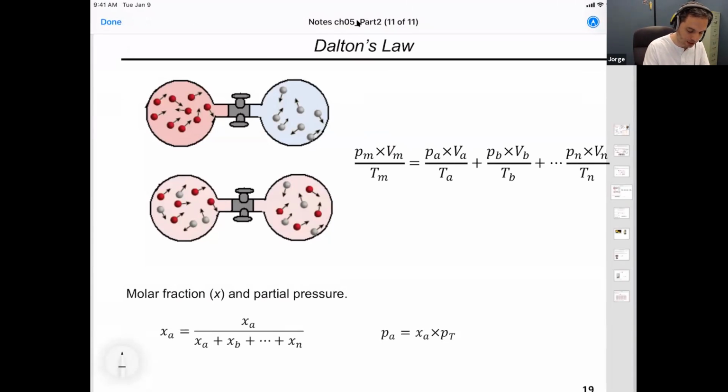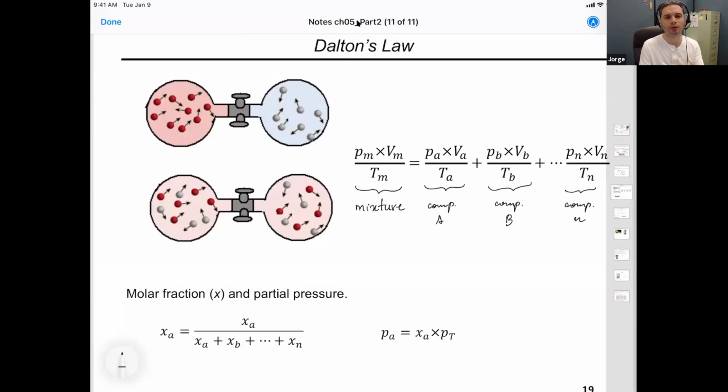We have here on the left side PM, VM, TM, that's correlated with the mixture, and that's going to be equal to the sum of the individual PVT for each component. So what's shown here is the PVT for component A plus the PVT for component B, and so on, all the way to component N.